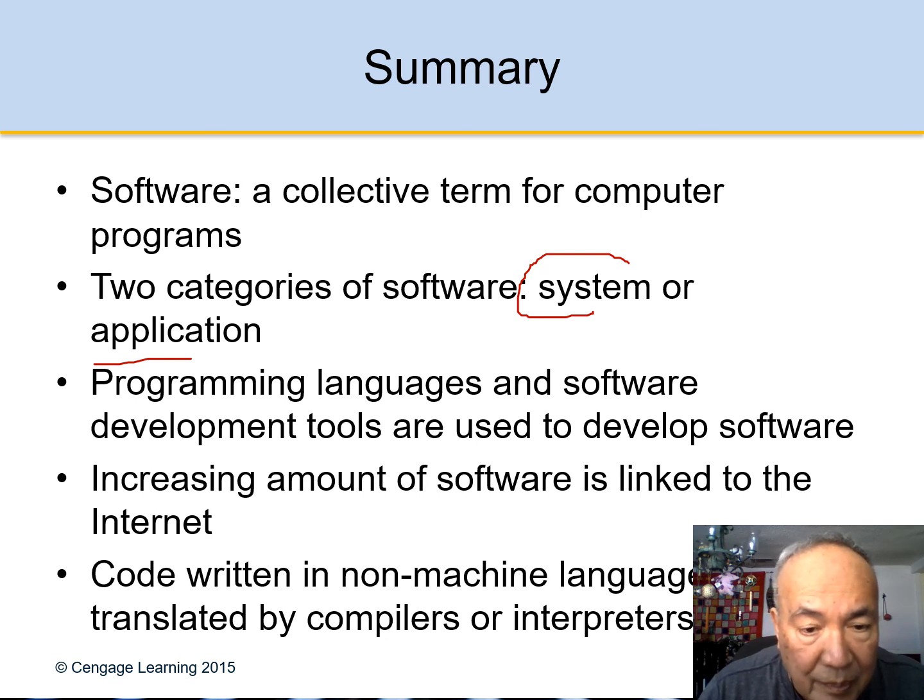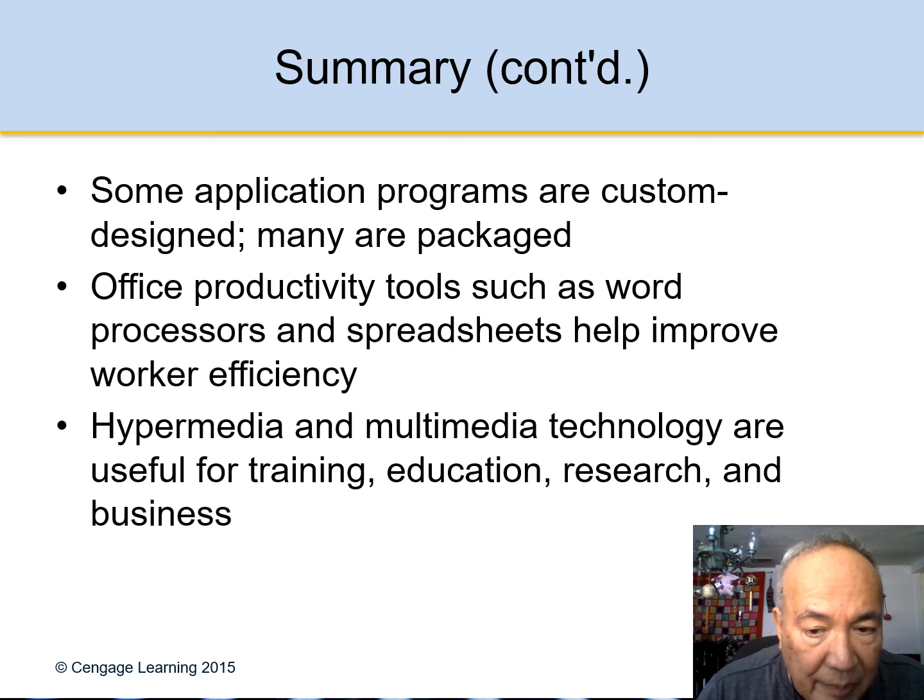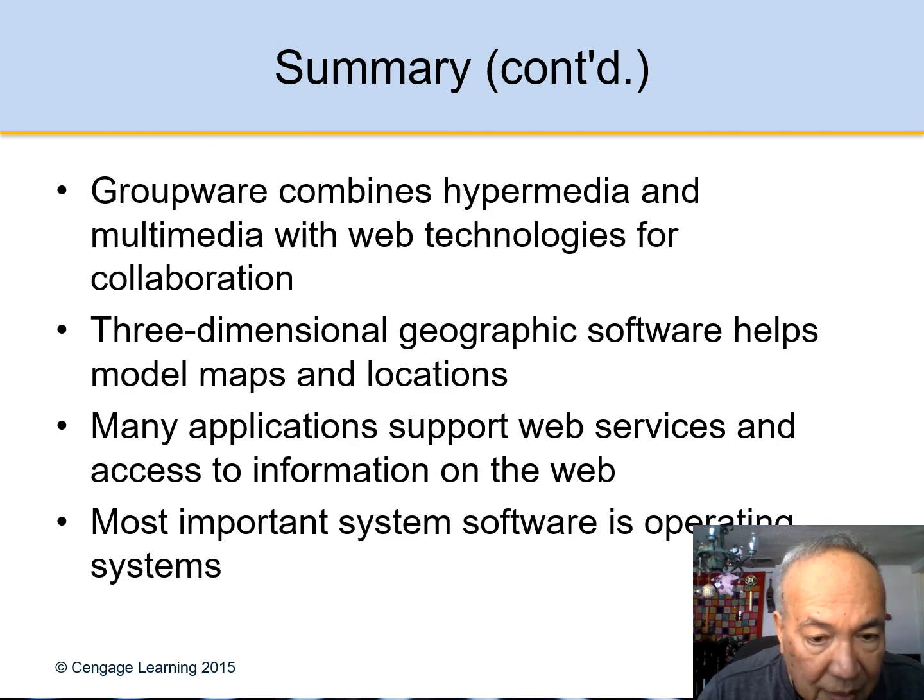We have everything from machine language all the way to almost human language. Some applications use custom design, many are packaged: office productivity tools, hypermedia, groupware, and three-dimensional programs that we talked about.